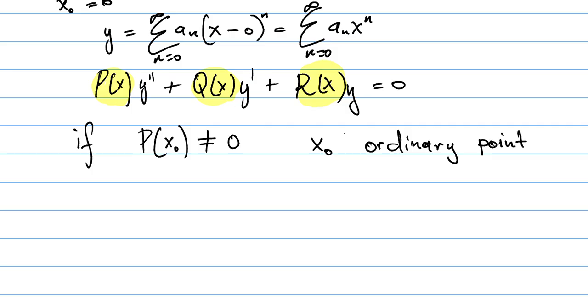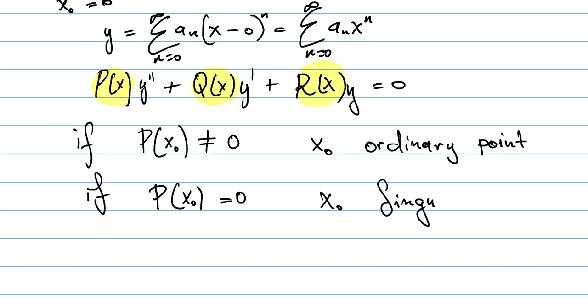If p of x naught is equal to 0, we say x naught is a singular point.